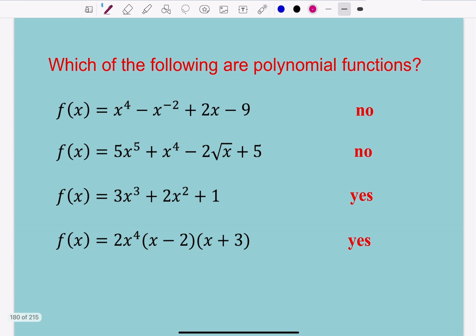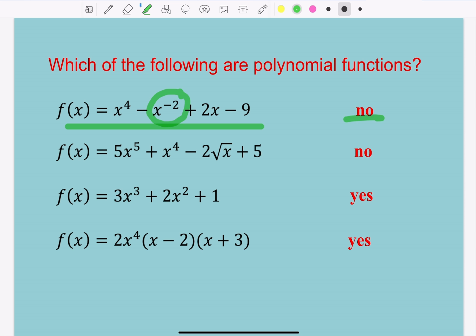Which of the following is a polynomial function? So first one, not a polynomial, because polynomials cannot have negative exponents or radical exponents for the variables, and all the coefficients have to be real numbers.